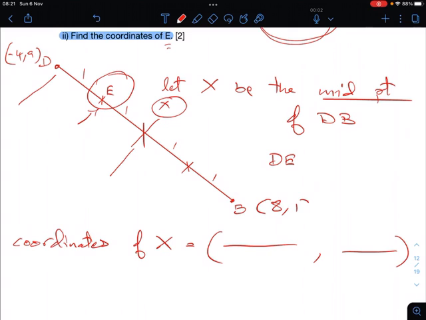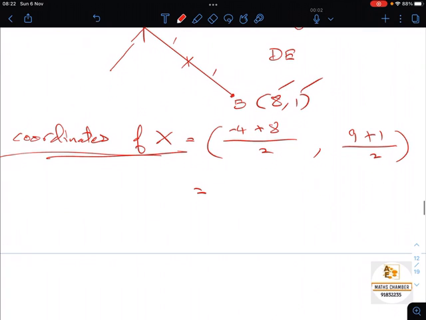Therefore the coordinates of X will be negative 4 plus 8 divided by 2, midpoint, and for y, 9 plus 1 divided by 2. That will give you 4 over 2, comma, 10 over 2, which gives you 2, 5.